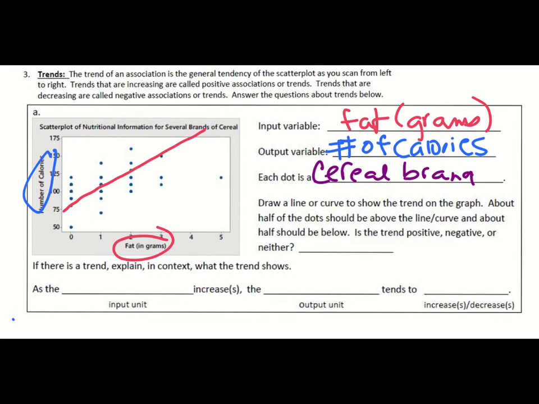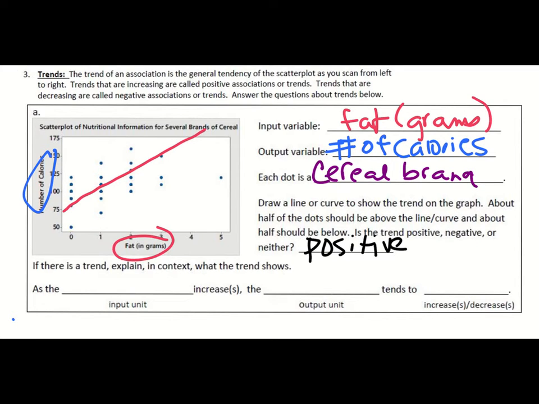Then it says draw a line to show the curve or show the trend in the graph. So I did. About half of the dots should be above the line, half below. Is the trend positive or negative or either? So this is a positive trend because all of your data are going up to the right.